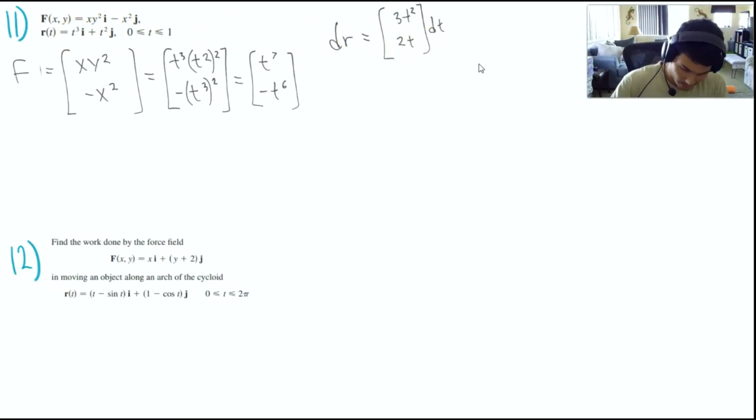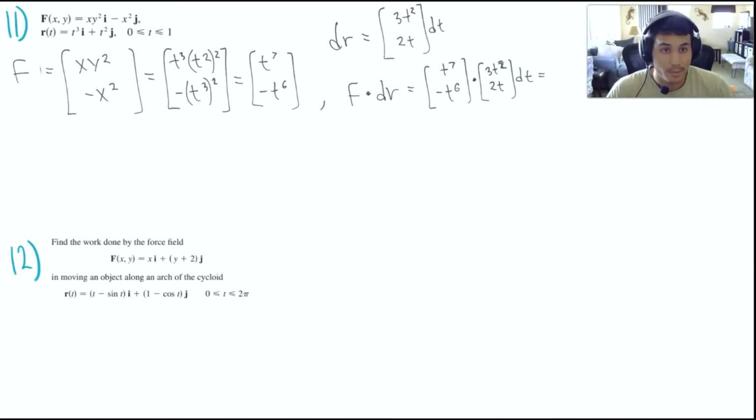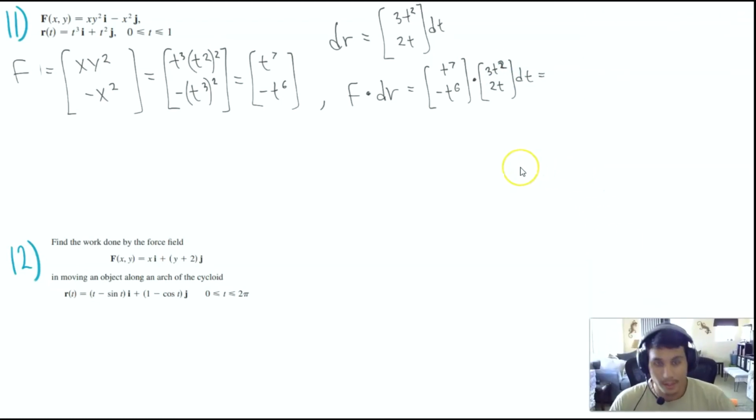So then we got to ask, what is f dot dr? Well, f dot dr is the same thing as t to the power 7, negative t to the 6, dotted with 3t squared dt, which, I got to move my cam down here now, we just literally go right across.